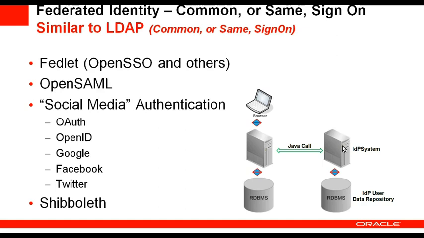So this is sort of a service provider initiated federation, where PeopleSoft as a service provider is actually making the call out to the federated identity provider system. And the identity provider system obviously has to have a repository of all of the PeopleSoft users.